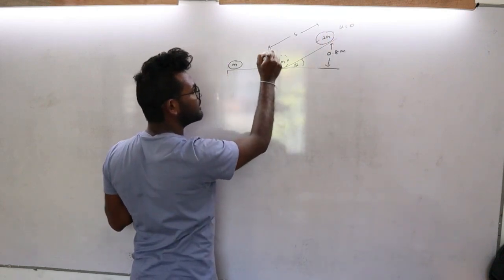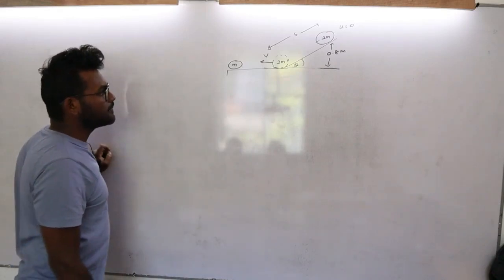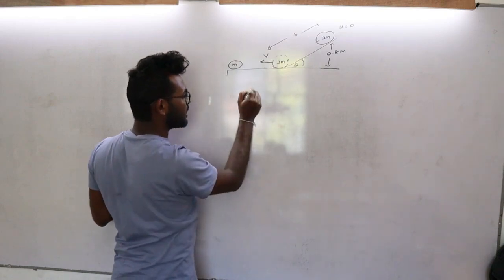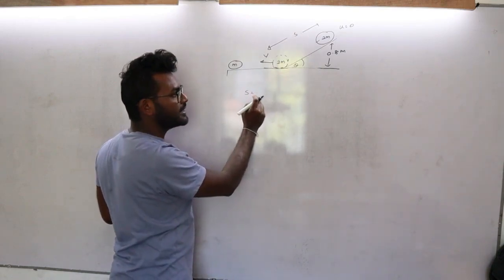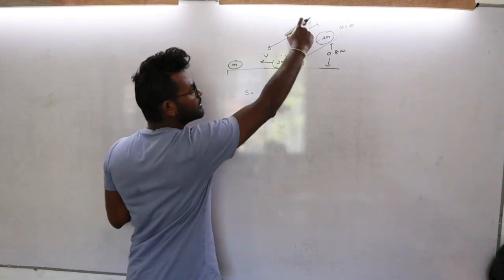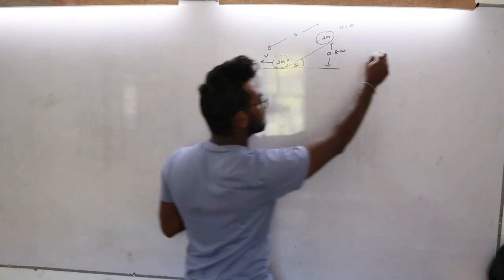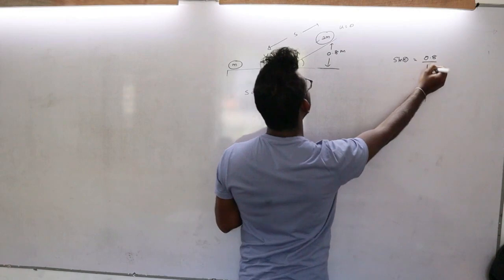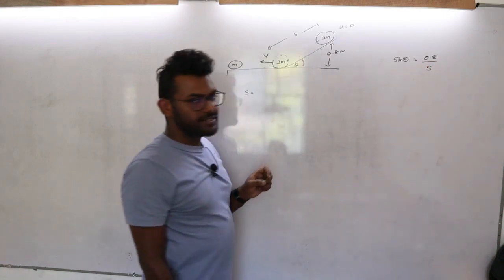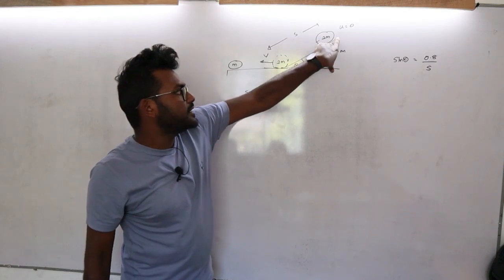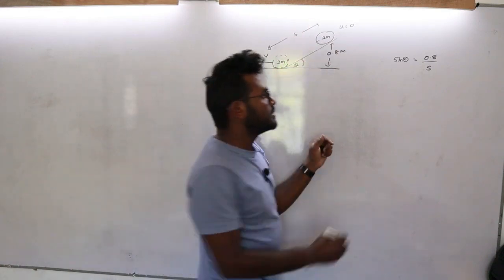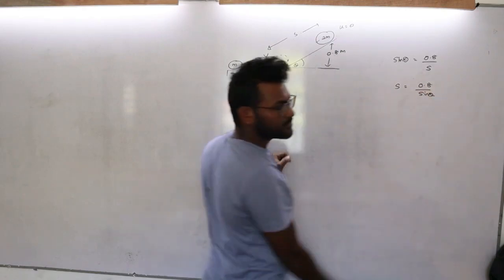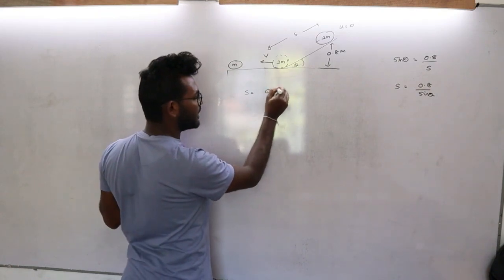How do you normally find the s? We can write sine theta to be 0.8 over s. You guys agree with me? I could write the sine to be opposite over the hypotenuse. So s is equal to 0.8 over sine theta.